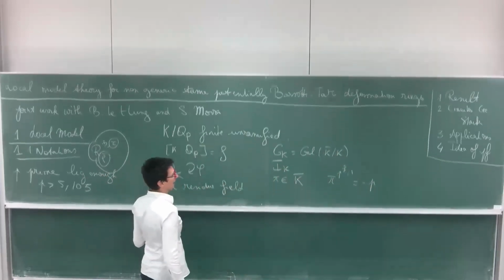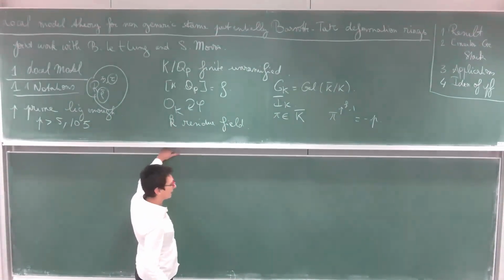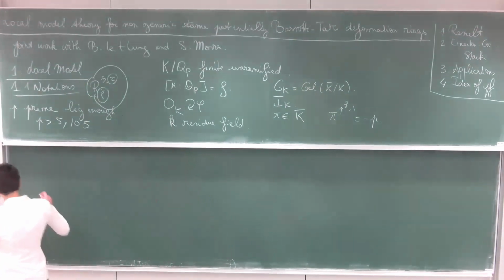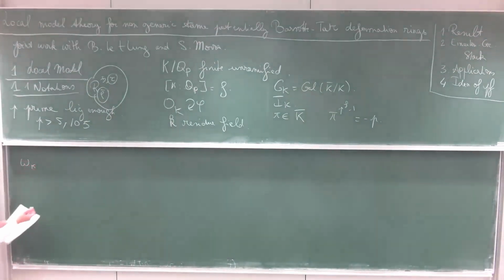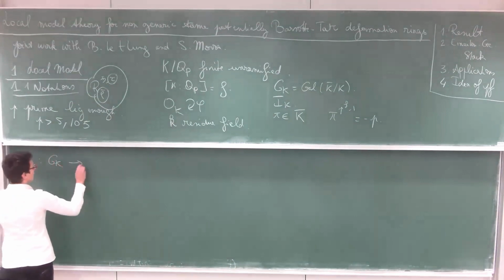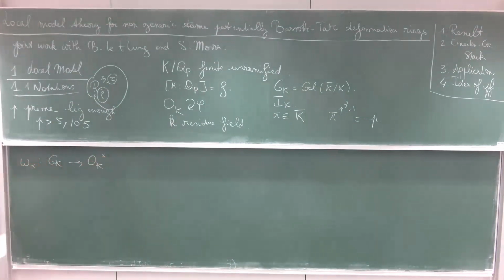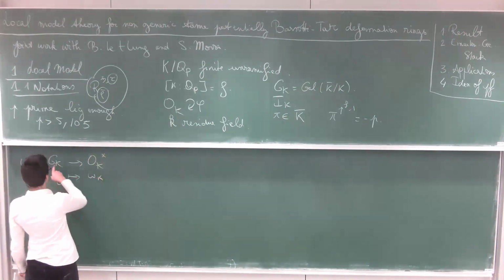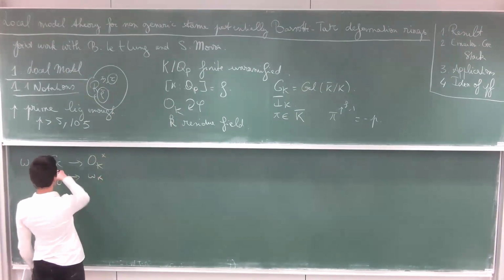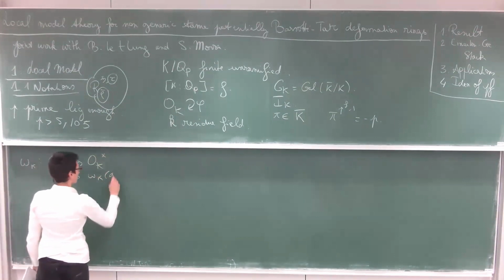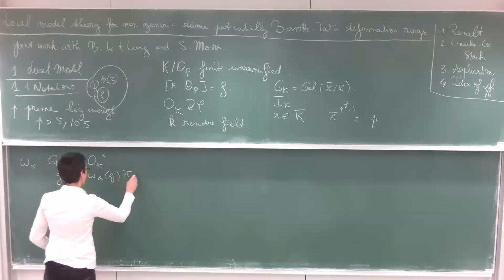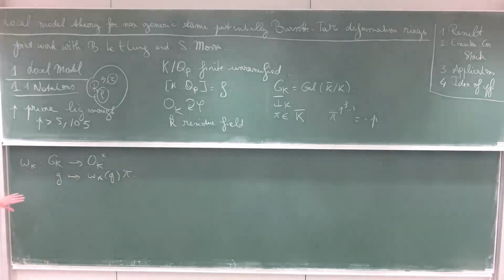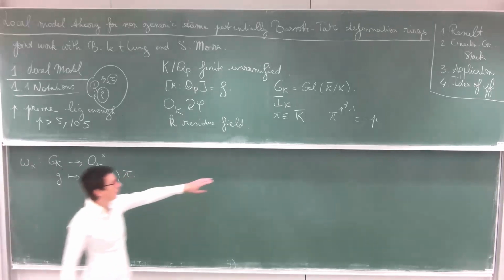And this allows me to define an important character from G_K to the invertible elements of k, which is defined by looking at the action of the element of G_K on this element pi. And you can prove that it is independent of the choice of pi.